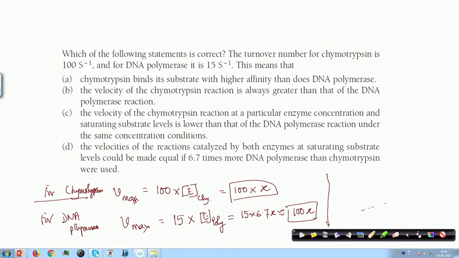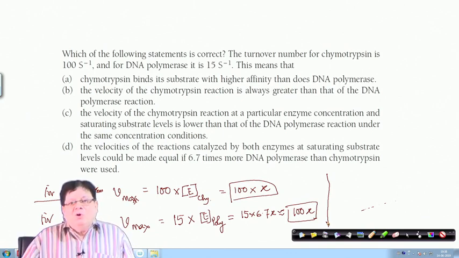One enzyme which has higher turnover number does not mean that the enzymatic reaction will always be faster as compared to others, because apart from turnover number, you need the enzyme concentration that you are using for the reactions to carry out. Okay.